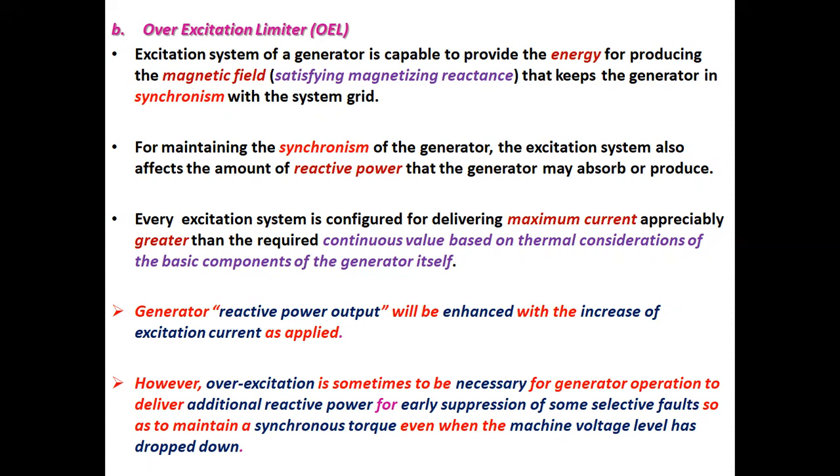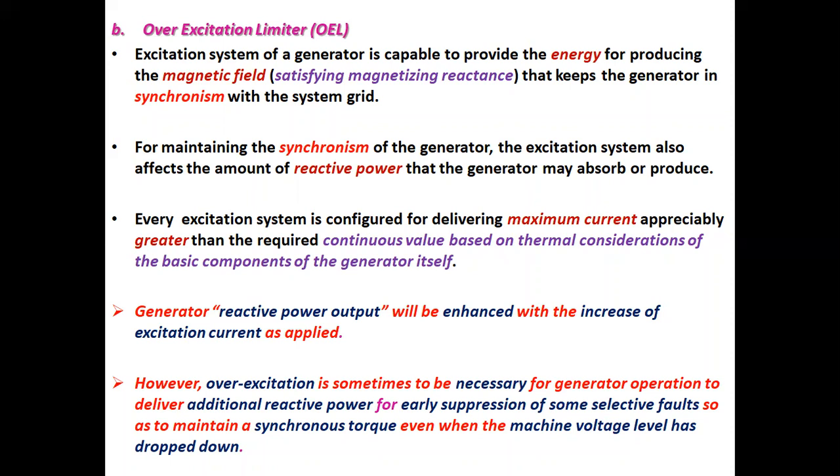For maintaining the synchronism of the generator, the excitation system also affects the amount of reactive power that the generator may absorb or produce. Every excitation system is configured for delivering maximum current appreciably greater than the required continuous value, based on thermal considerations of the basic components of the generator itself.